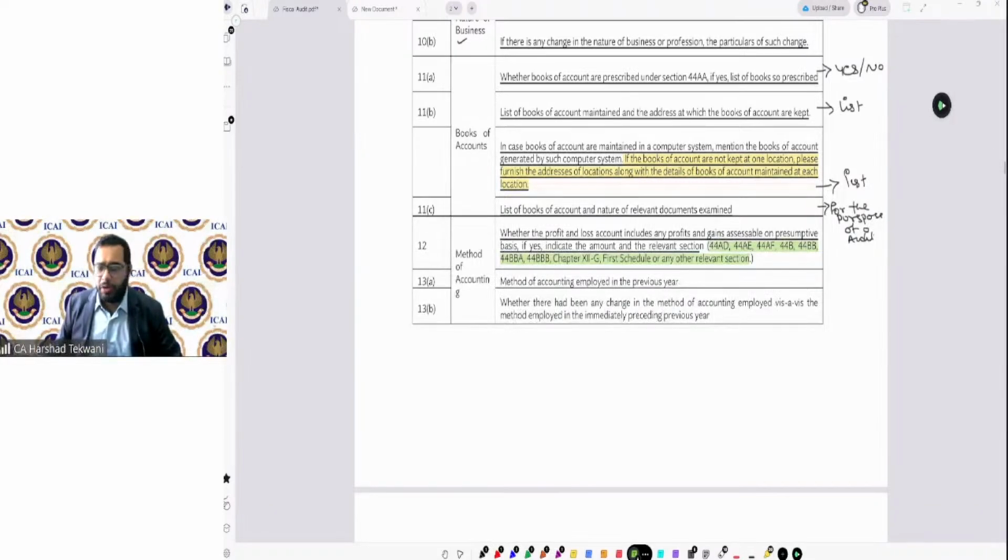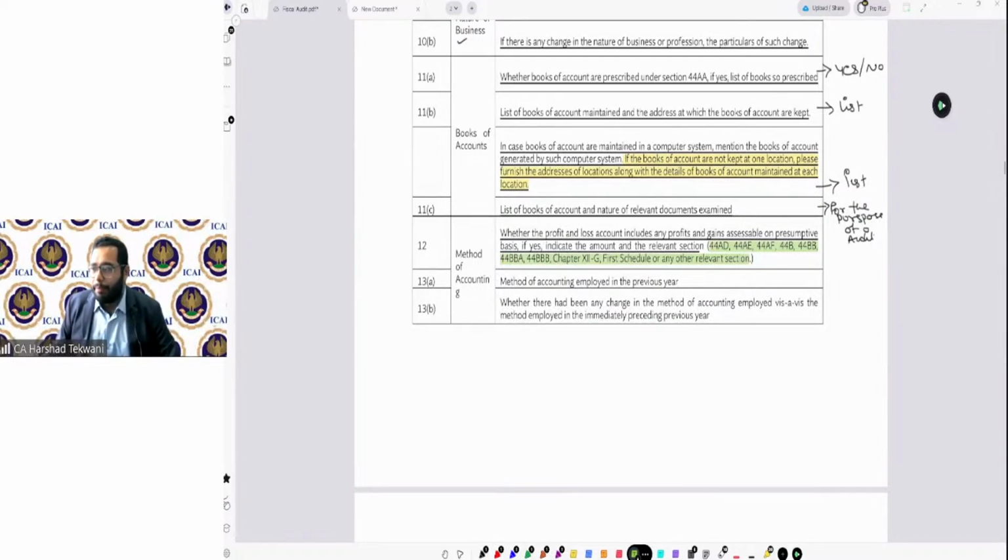44AD, we know, eligible business, presumptive one. 44AE, transport business. 44B, shipping business of a non-resident. 44BB, providing facilities or services with respect to supplying plant and machinery for extraction or production of mineral oil. 44BBA, operation of aircraft. 44BBB, civil constructions, turnkey power projects.